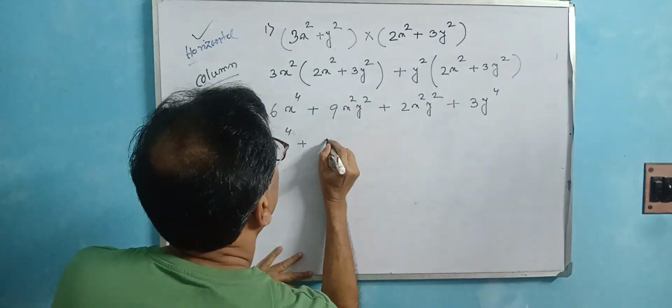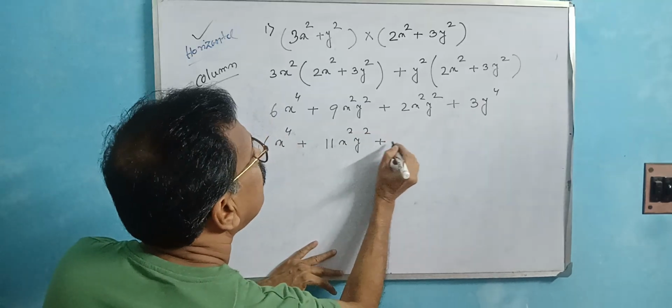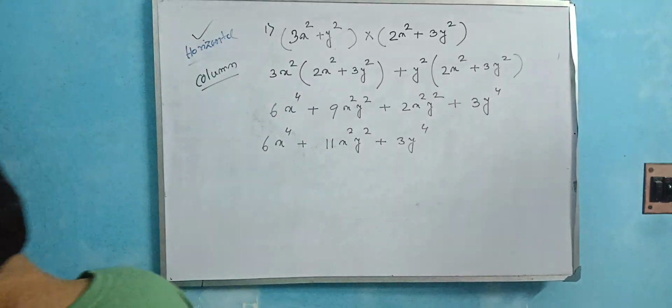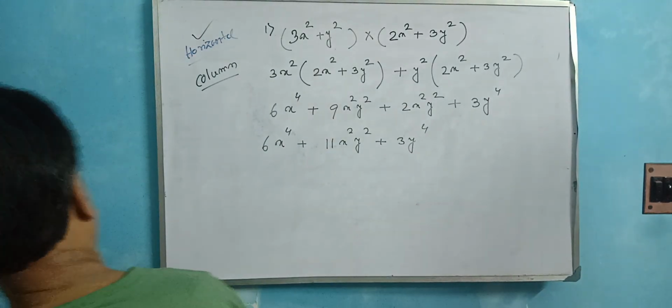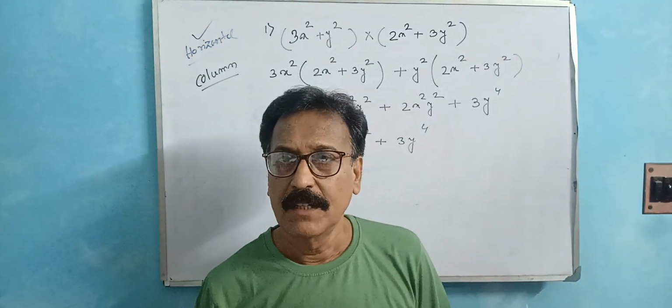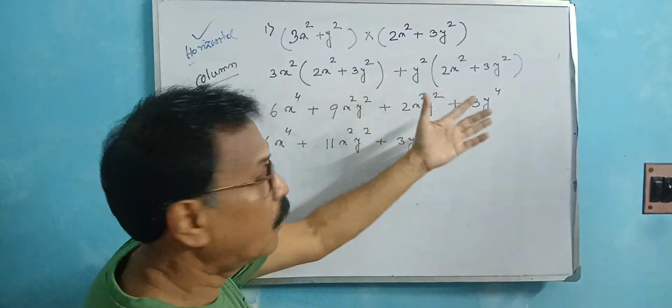So 9 plus 2 is 11x square y square, and plus 3y to the power 4. This is the answer. This way I call the horizontal process. Very easy, just solve in this way.